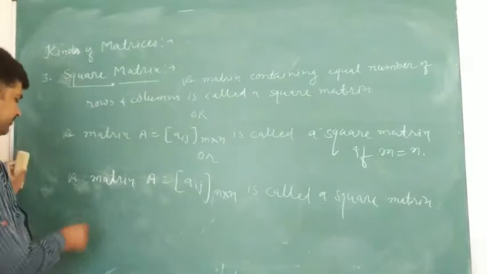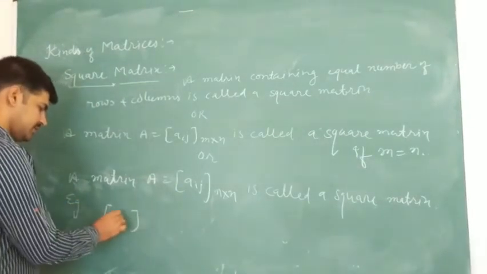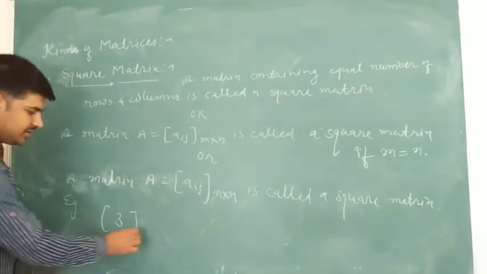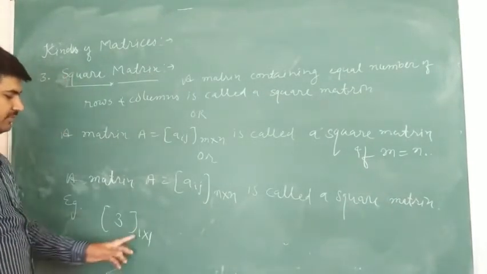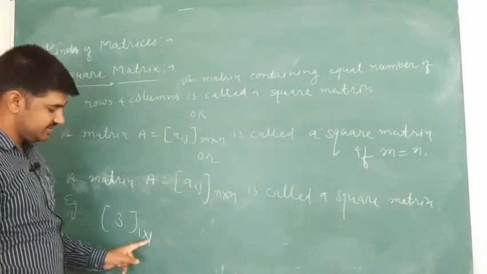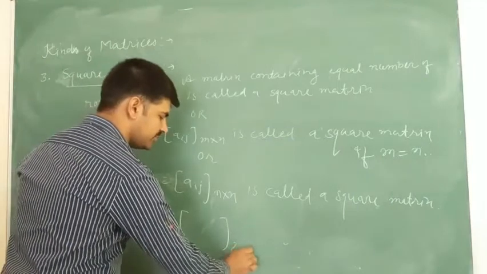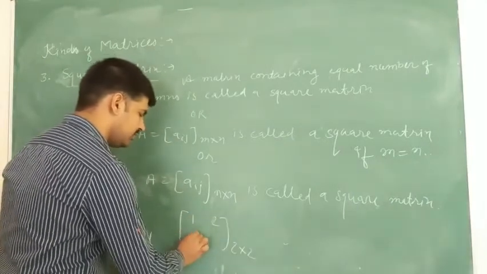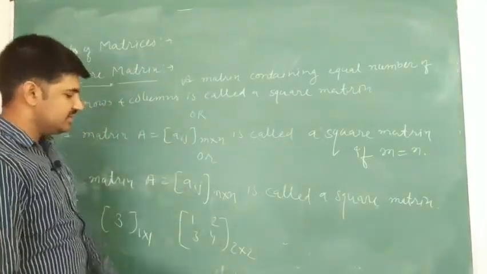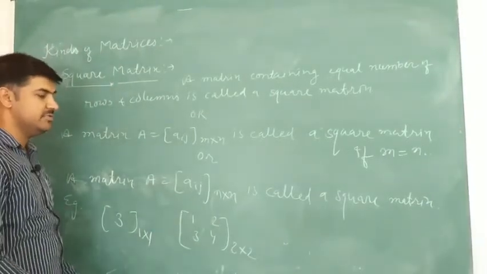So examples, if we want to take, suppose, what is the order of this particular one? One row and one column. Therefore it is a square matrix as it has an equal number of rows and columns. A matrix of order 2 by 2, suppose I write 1 2 3 4, these are the elements I have taken. Since there are 2 rows and 2 columns, an equal number of rows and columns, therefore it's a square matrix.